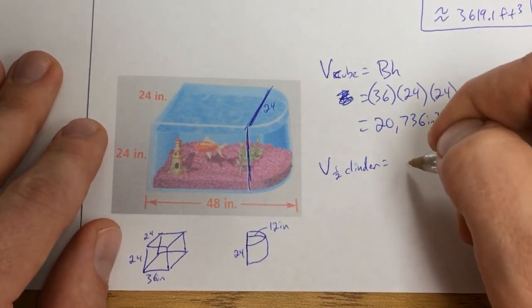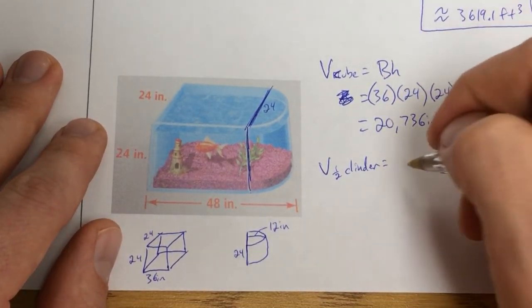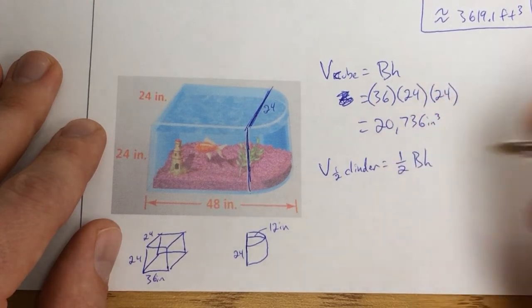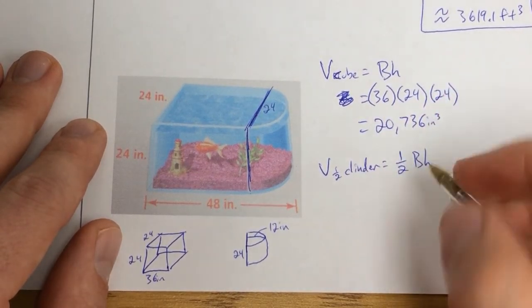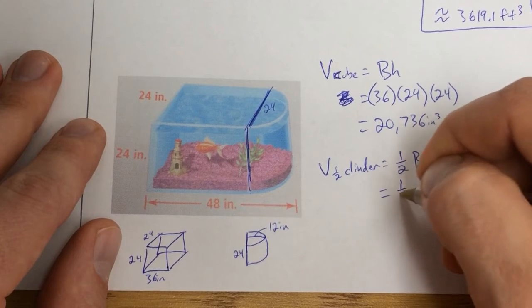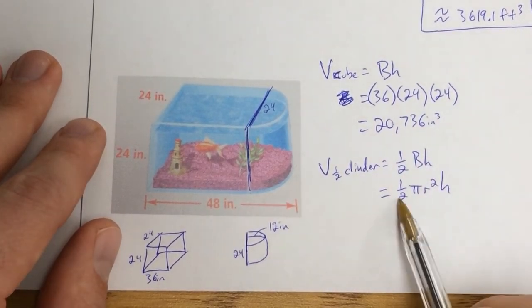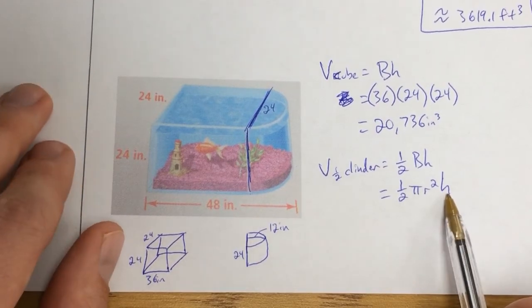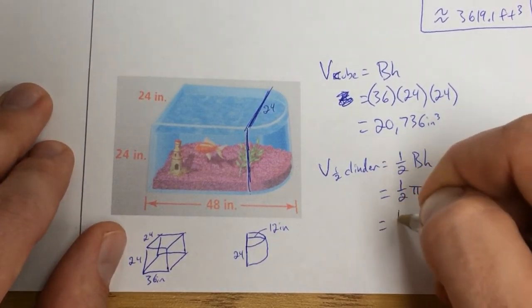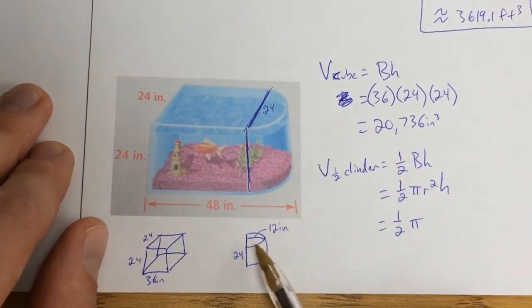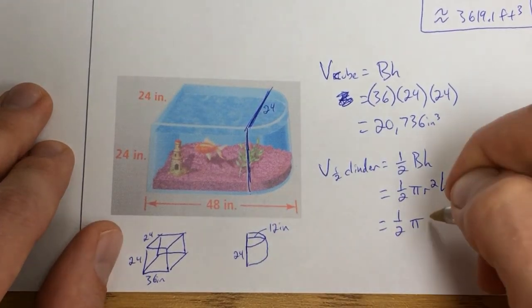Well, I could just simply say half of BH. And the base, or the area of the base rather, is 1/2 pi r squared. Pi r squared is the area of the base. So 1/2 pi r squared h will give me the volume of half of a cylinder. My radius, like I already found here, was 12.